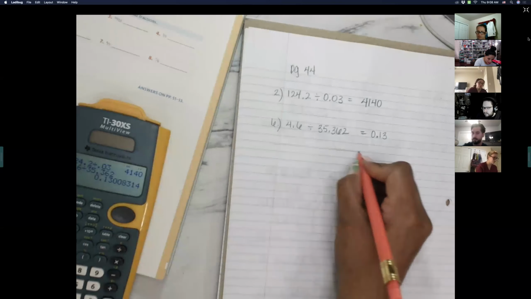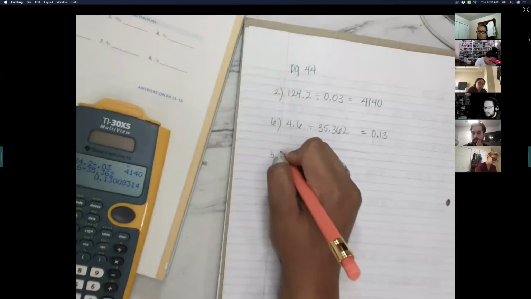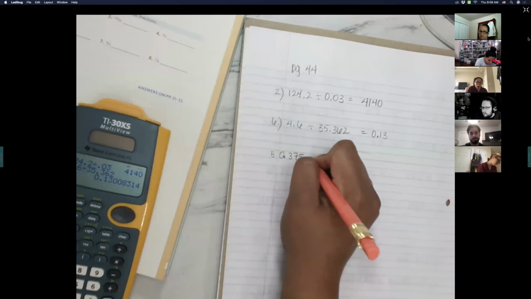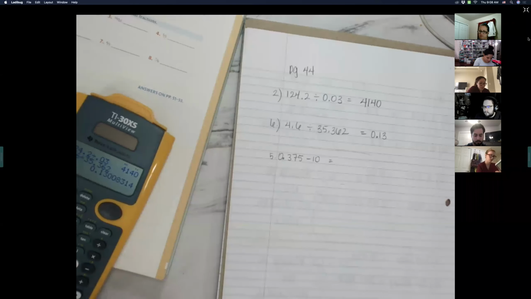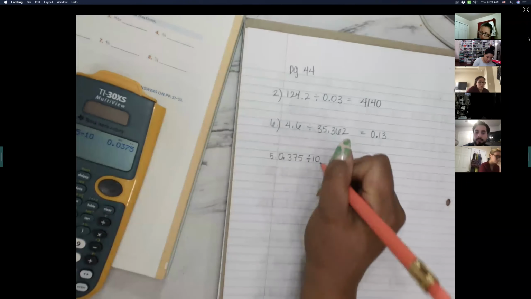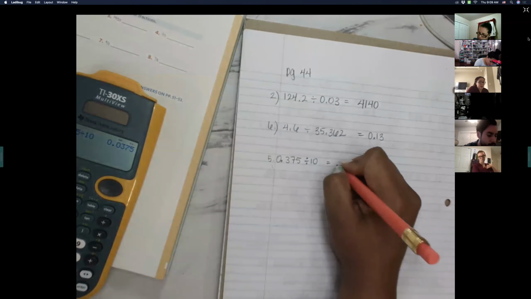We're going to take number 5, and it's asking you to take the value 0.375 and divide by 10. What did you guys get? 0.0375. Cool.